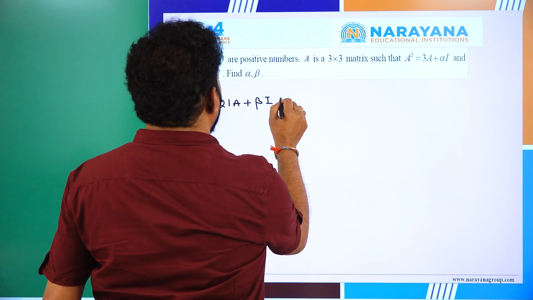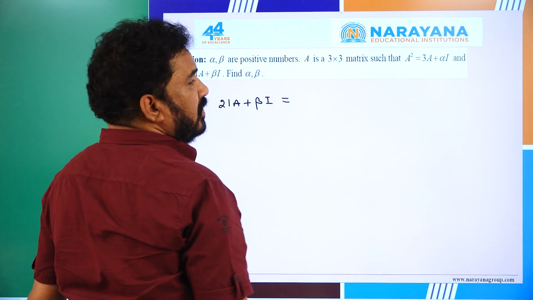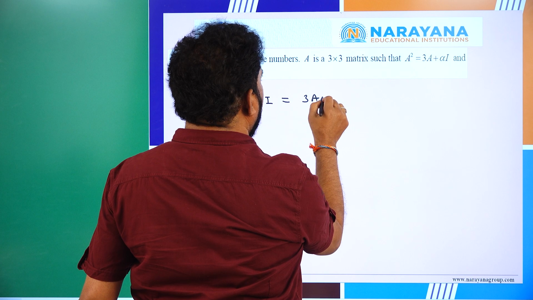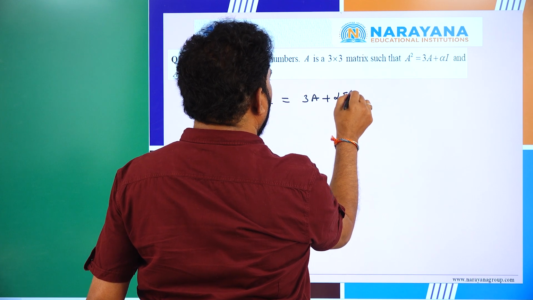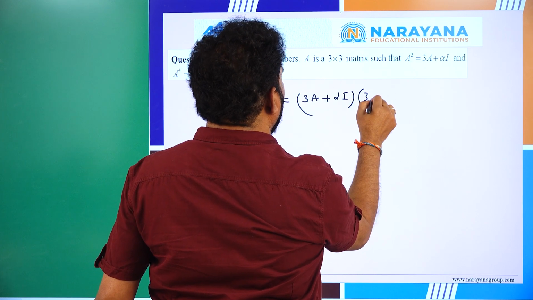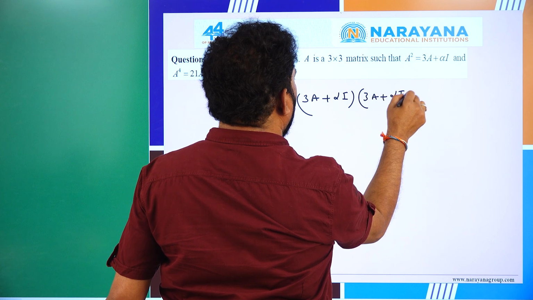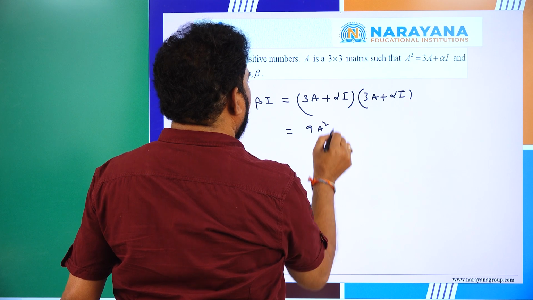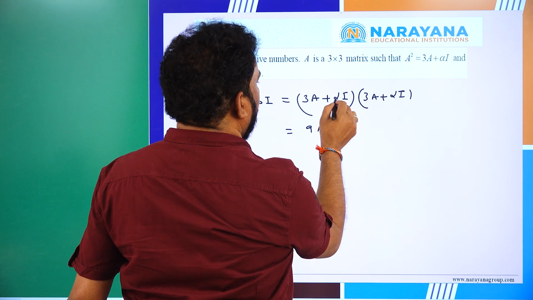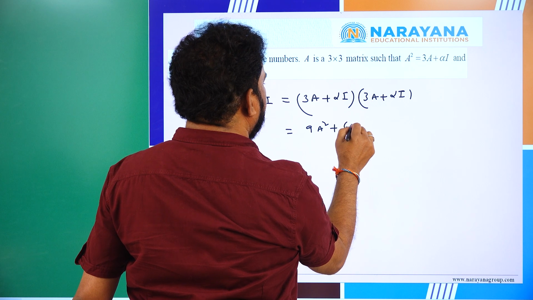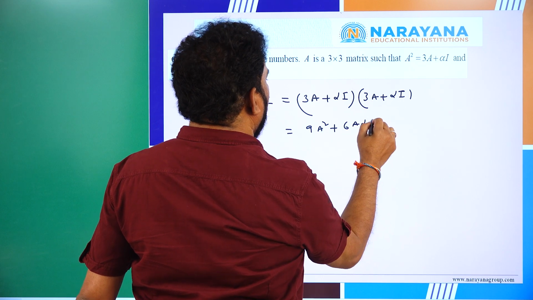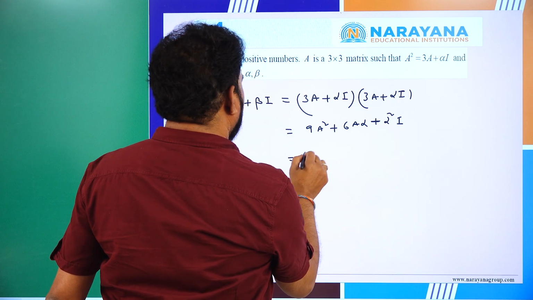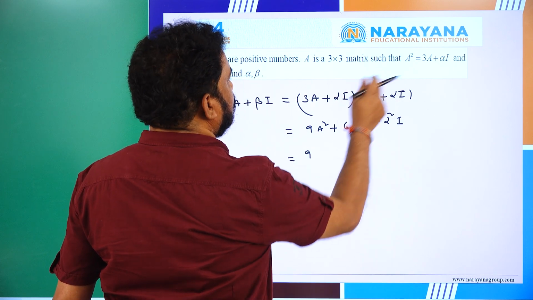Okay. So, A power 4 is nothing but A square into A square. The A square value they have given is 3A plus alpha I. So, by multiplying, this is 9A square, plus 3A alpha plus 3 alpha A plus 6A alpha, plus alpha square I. Again, A square is there, no?